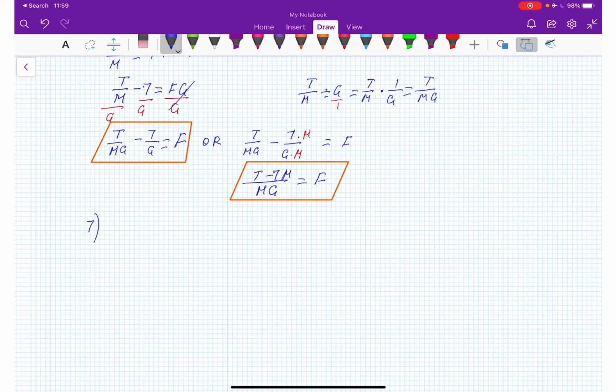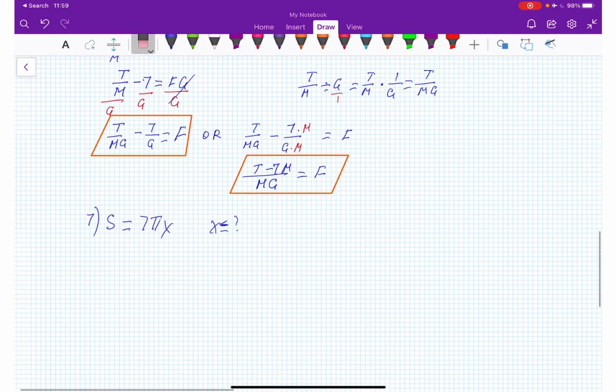Number 7. This one is easy. S is equal to 7 pi x. So we need to find x. To find x, what do we have to do?